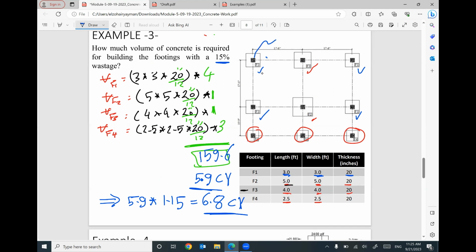This column is given by 20 inch by 20 inch, and the height of one column equals 10 feet. We are given this information here that each column over each footing is 20 inch by 20 inch cross section, and the height or the length of this column is 10 feet.